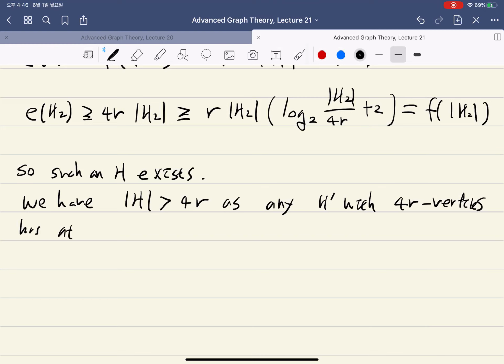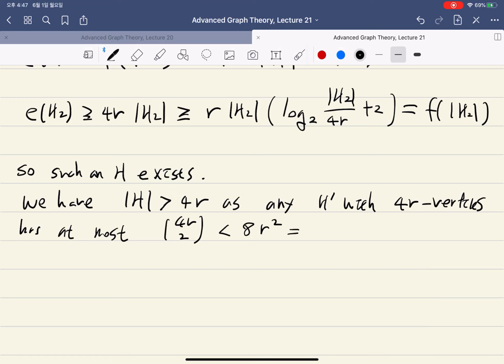H has at most 4R choose 2 H's, which is 4R times (4R minus 1) over 2, which is smaller than 8R square H's.